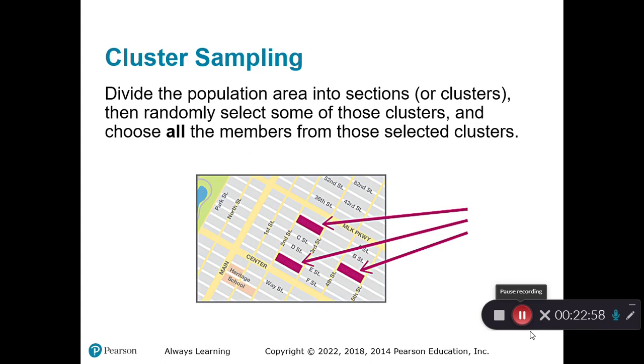Let's say a particular school district had, let's just say 30 schools in the district. And we want to send some researchers into these schools. And instead of choosing students from all 30 of the schools in the district, what we would do is perhaps we chose 5 entire schools from the district.